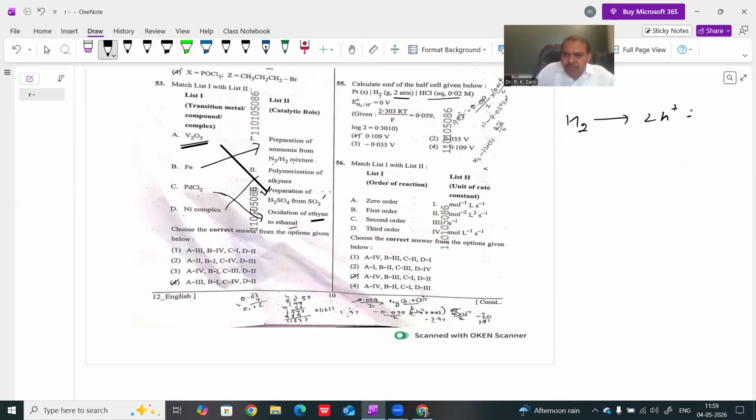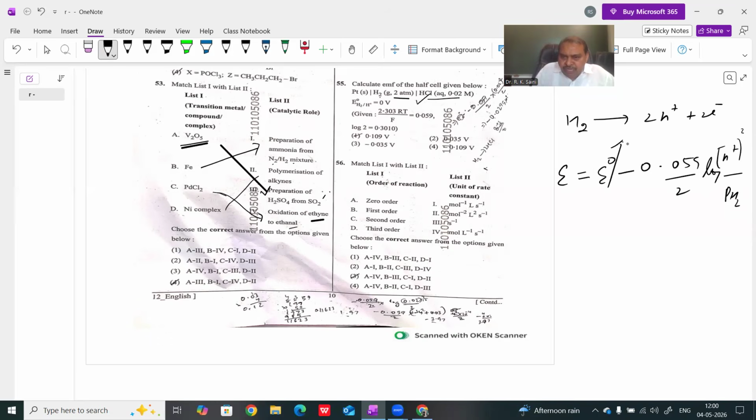The reaction of the electrode is oxidation, and we use the next equation. The electrode potential is the standard potential minus 0.059 divided by 2 log of the concentration of H+ ion to the power 2 over the pressure of hydrogen gas, which is given.